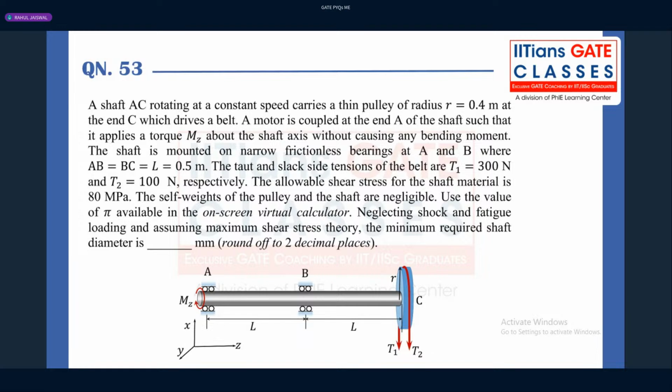Now try to see the last question for this particular session. Again, one of the very beautiful problems they have asked. Again, if you are not solving the VB Bhandari textbook which is being referred by the IGC, you cannot solve this problem. Because again, it requires the concept of a pulley attached to the shaft, and infinite numbers of problems are given in the VB Bhandari regarding this.